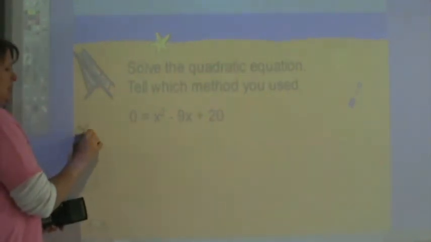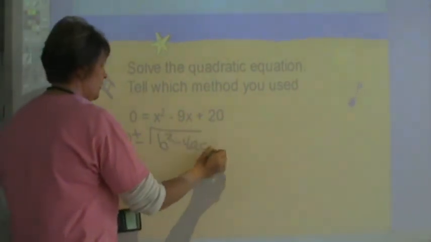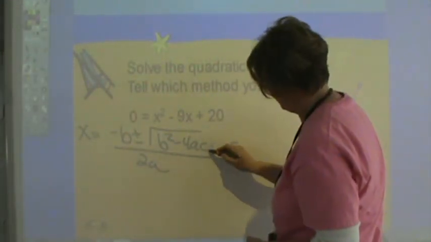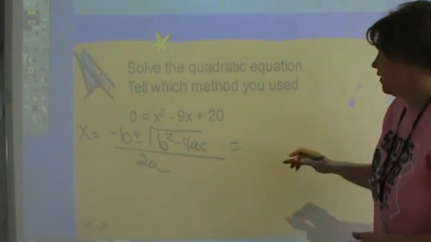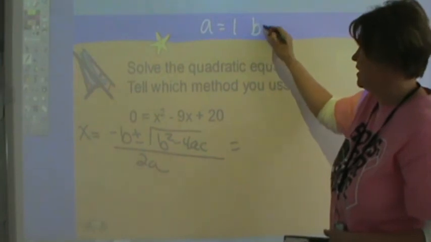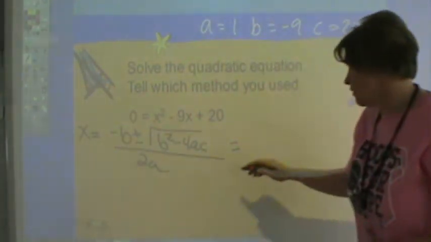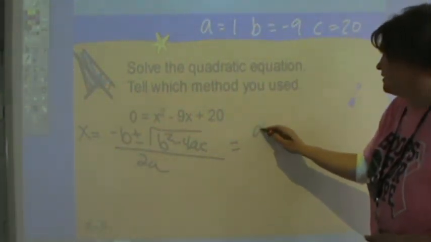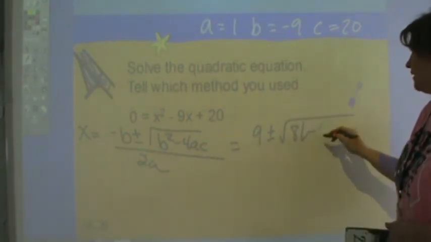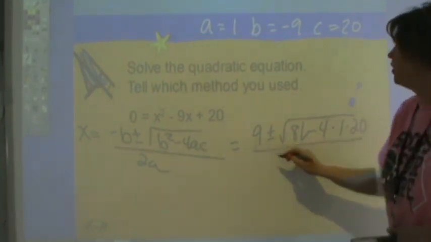So x equals the opposite of b plus or minus the square root of b squared minus 4ac all over 2a. Let's identify our a, b, and c. A is 1, b is negative 9, and c is 20. The opposite of negative 9 is 9. B squared would be 81 minus 4 times a times c, all over 2a.